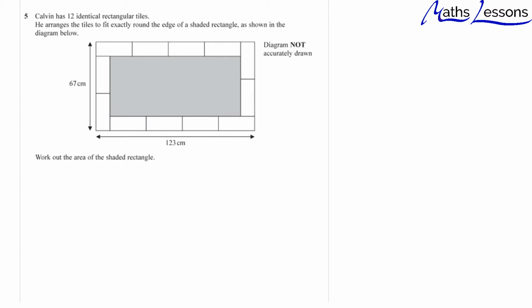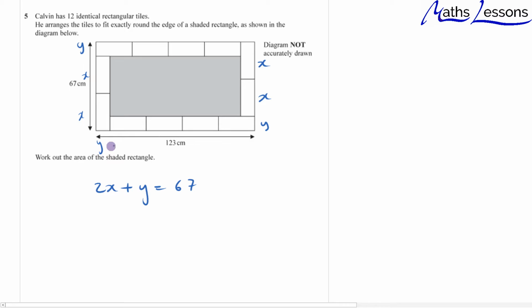Okay, so that's plenty. What you're going to have to do here is allocate unknowns. We don't know the length or the width of any tile, but we know they're all exactly the same. I'm going to call the length of each x, and the width y. So we can see that this 2x long plus y is also this end y, and that must be equal to 67. So 2x plus y equals 67.